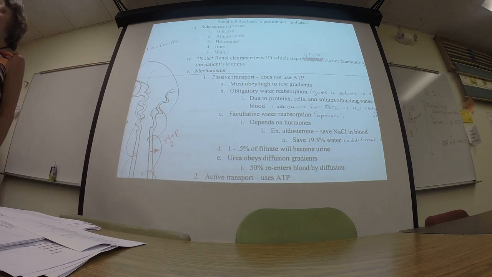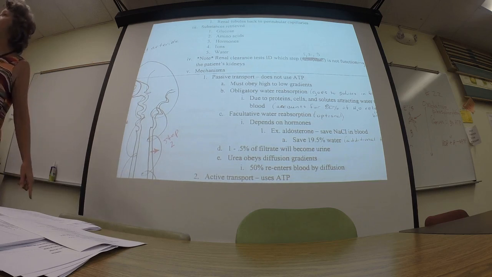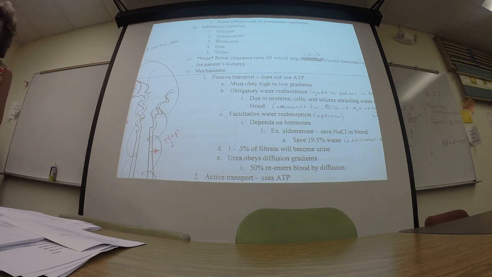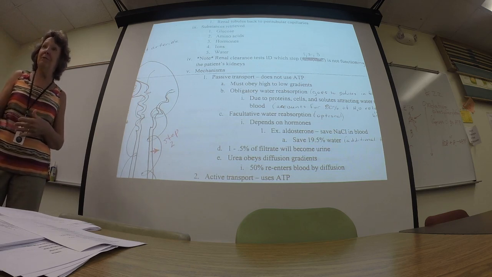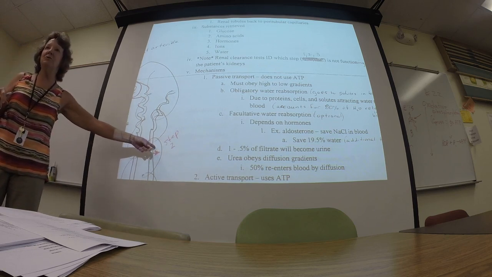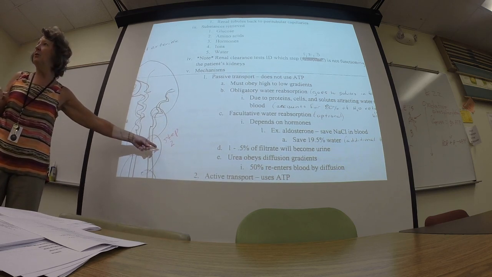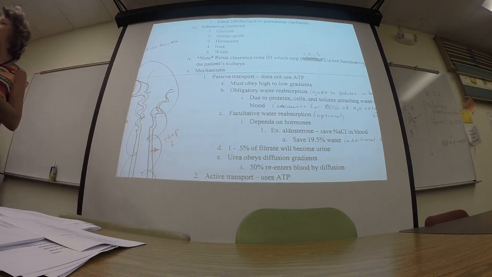And if that right amount shows up in your urine, they know that your step 2 worked just fine, because they deliberately overloaded you with more than you could possibly pick up. But if you show up in your urine with far more than you should have been eliminating because of the prescription of this drink they just ordered for you, then they know that you didn't do step 2 right and pick up your glucose properly. So they know that that's one of the failing areas of your kidney, is tubular reabsorption.